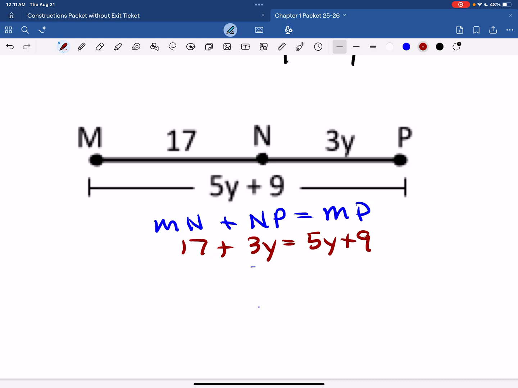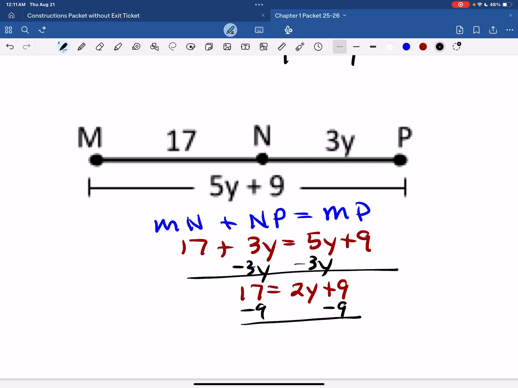Okay, so now I'm going to subtract 3y from both sides. So I'm going to get 17 equals 2y plus 9. And then I'm going to subtract 9 from both sides. And I'm going to get 2y equals 8. So y must be 4.